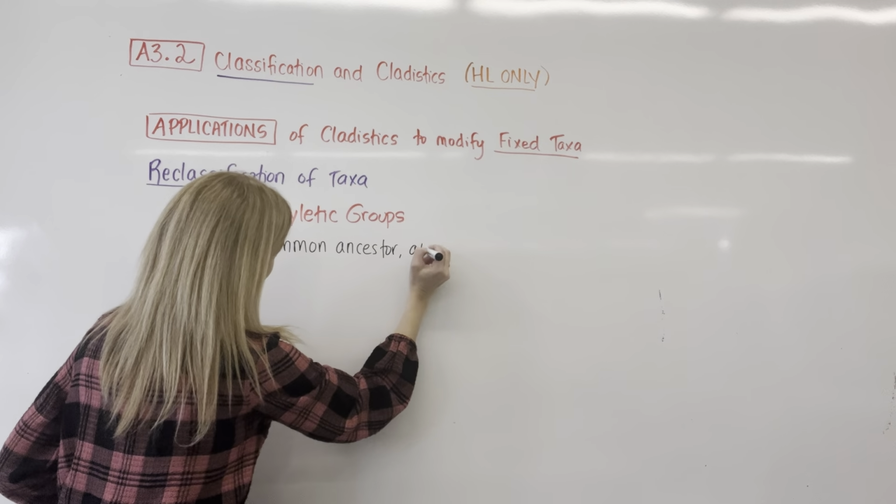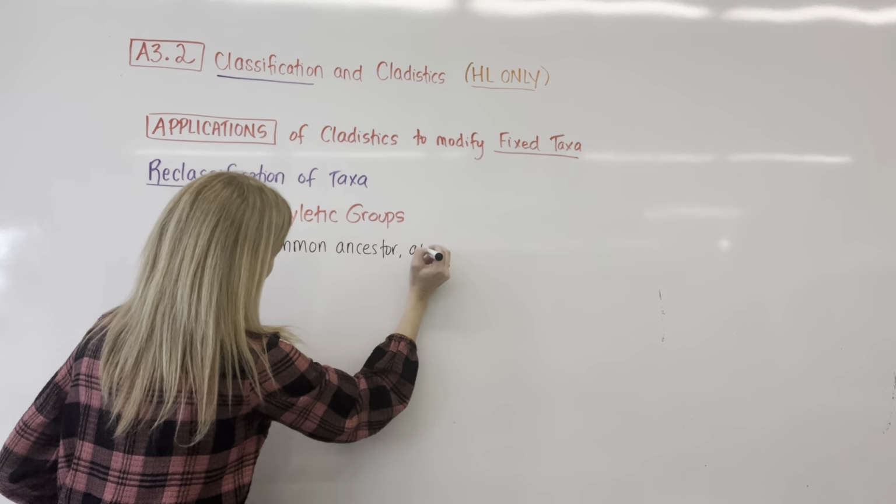It's basically saying the groupings need to be clades. If they're not a clade or some organisms are missing, then we need to reorganize them a little bit. So essentially, we want none to be separated. One of the goals is to try to avoid separating members of a clade.